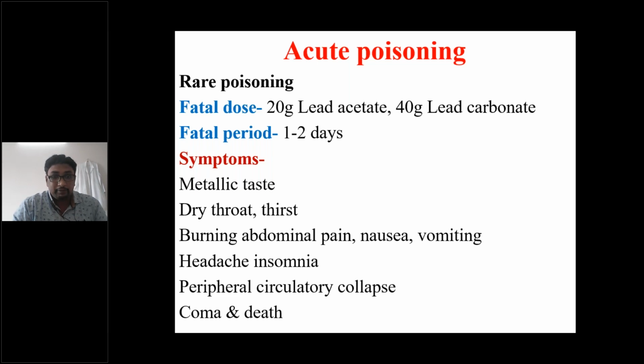For every metallic poisoning, or for any poisoning, I told you what to remember and how to present in examination. You have to know the poison, the mechanism of action on the body or toxicokinetics, the fatal dose, the fatal period, the symptomatology that the poison is causing on the body, and the management, how to diagnose the poisoning and how to treat it. And fifthly, the medico-legal importance of this poisoning.